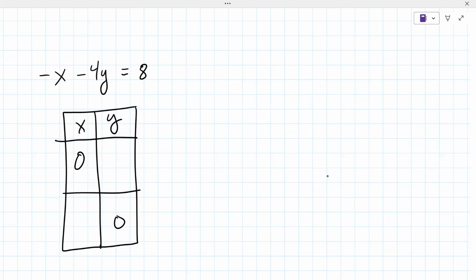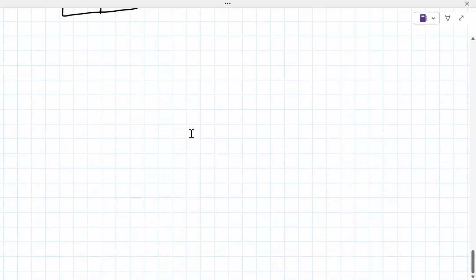Would it be y equals -2 and x equals -8? You got it. Very good. I like that.